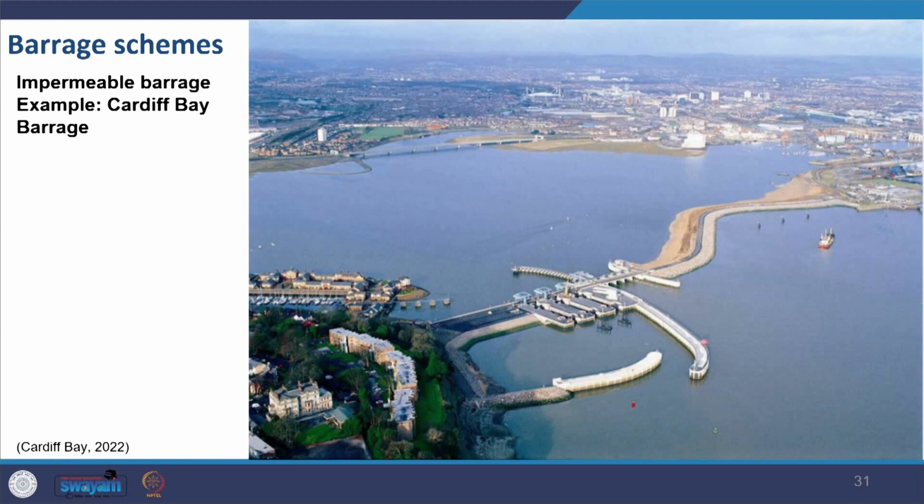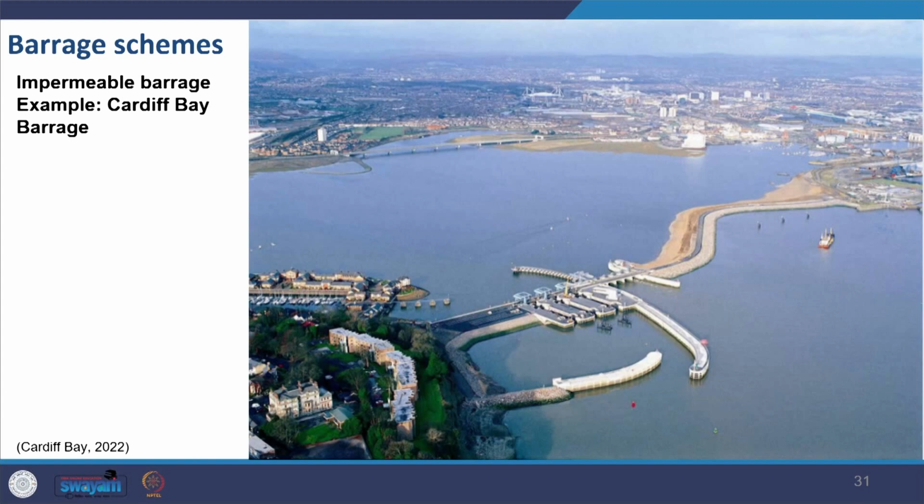But on the other hand, Cardiff Bay Barrage is to a certain extent criticized for its environmental impact. It has led to exclusion of tide, especially for amenity purposes like water sports, the consistent view, waterfront development, and so on.